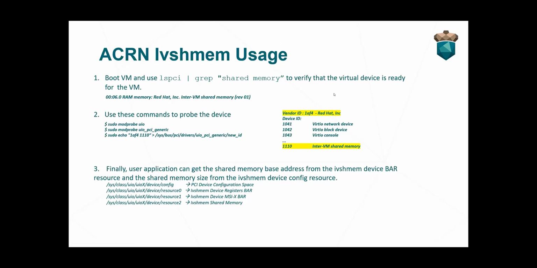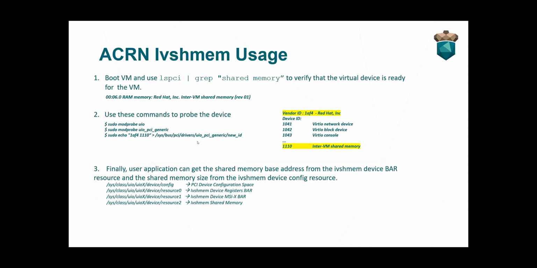I'm just interested how one virtual machine can generate an MSI-X interrupt to another virtual machine. Is it possible? It's strange. I see MSI-X resources for shared memory. How could it be used? When the UIO driver is probed, all the physical resources are exposed to user space.